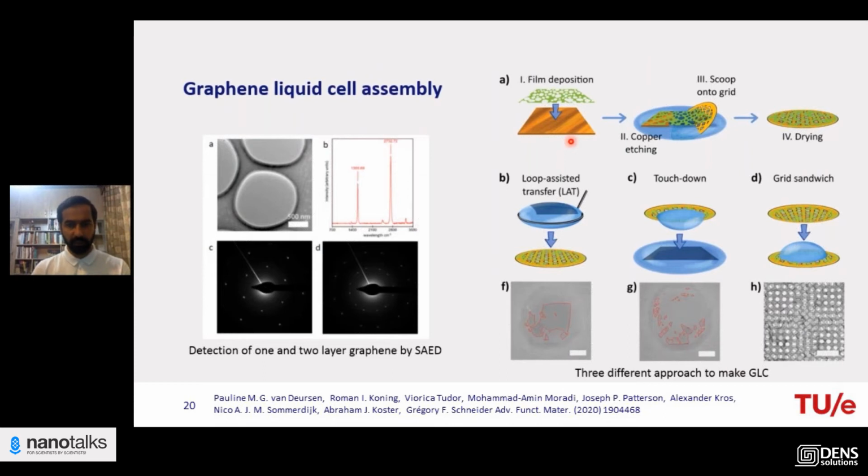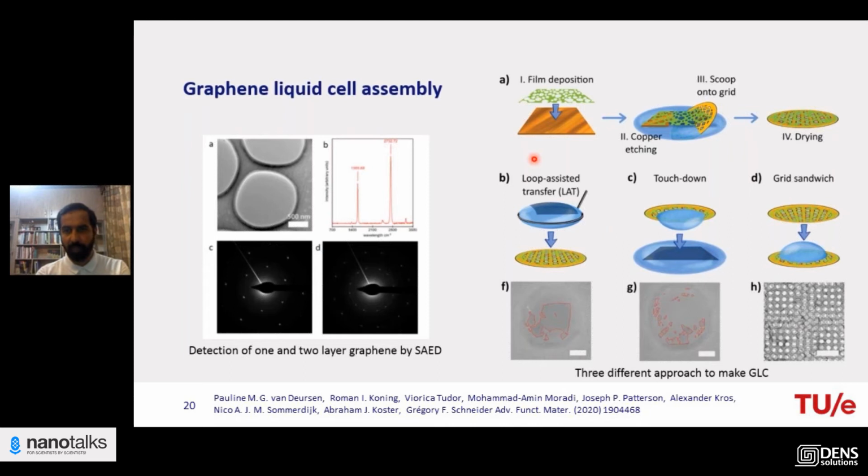Then we started working and preparing this with a beautiful work of Pauline van Deursen, who actually compared the different methods of preparing graphene liquid cells, like the touchdown method, grid sandwich, and the loop-assisted ones, statistically comparing what comes out of that in terms of the success of preparing the liquid cells.